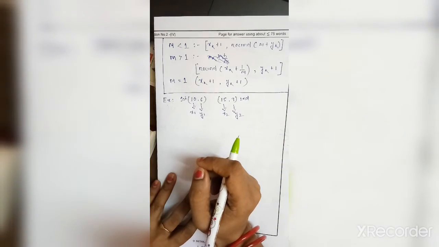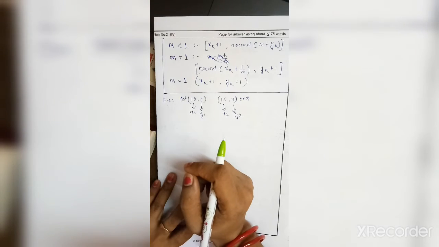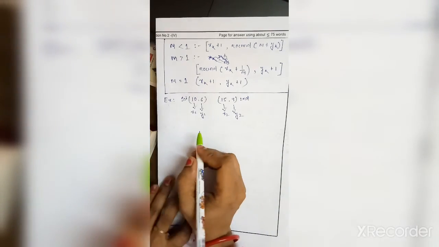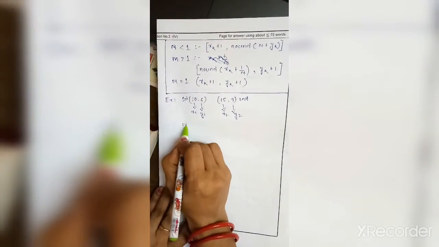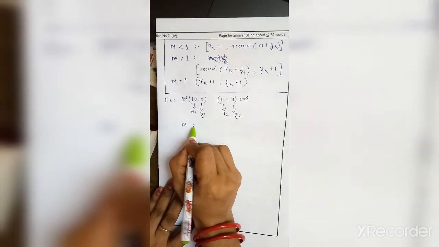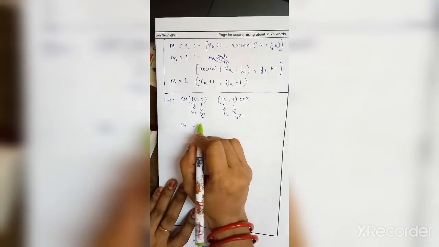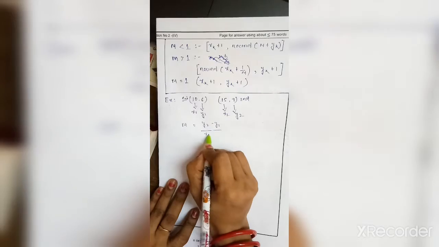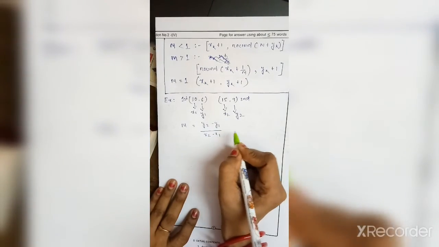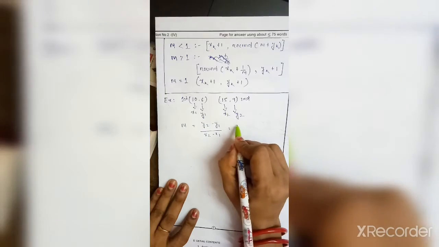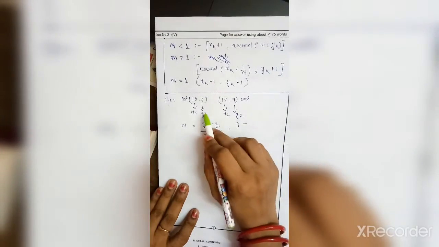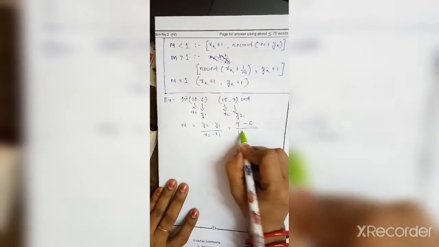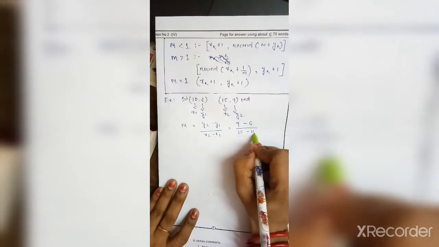As per the algorithm, first we find the slope value. How to find the slope value? Slope equation: m equals y2 minus y1 by x2 minus x1. That means y2 value is 9, y1 value is 6, by x2 value is 15, x1 value is 10.